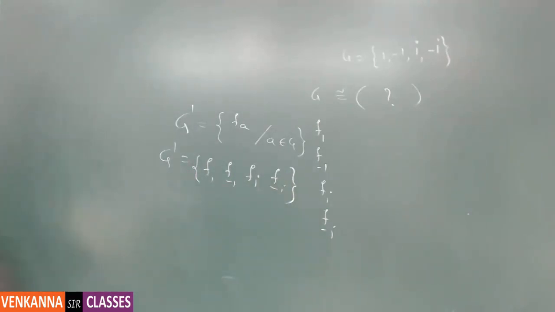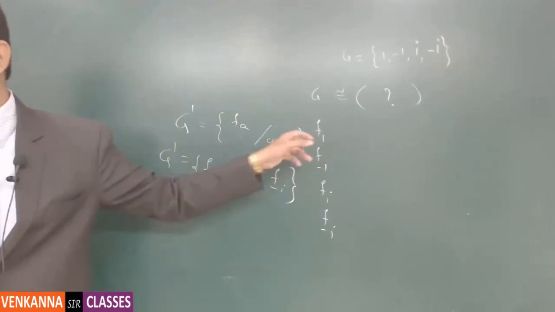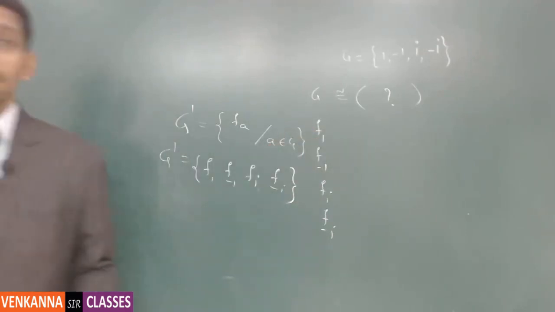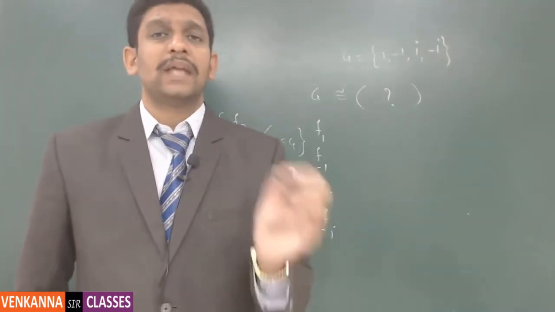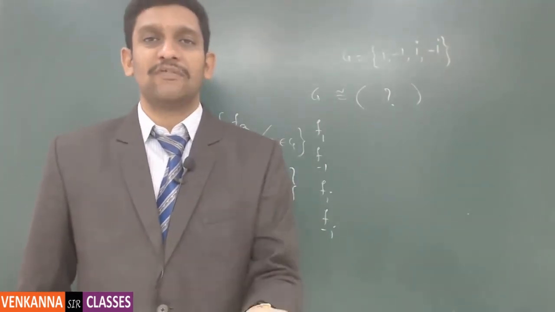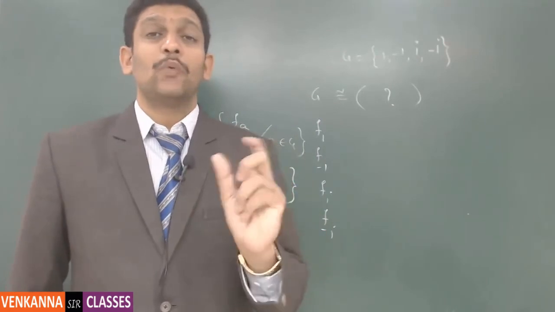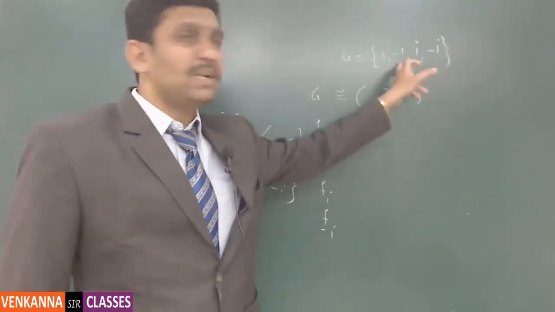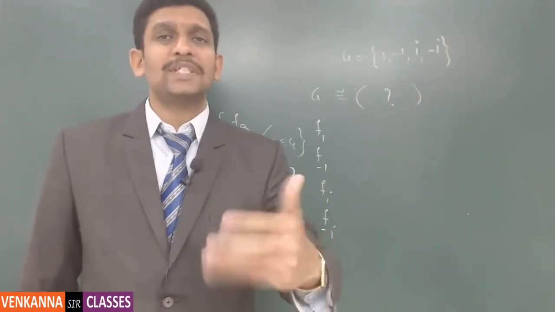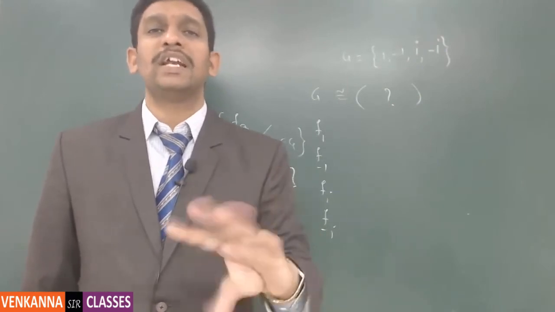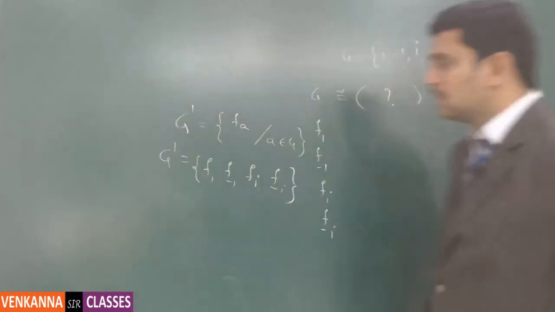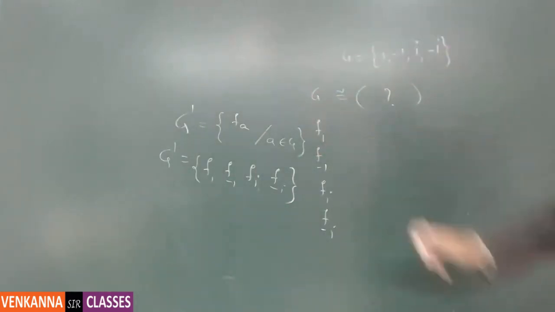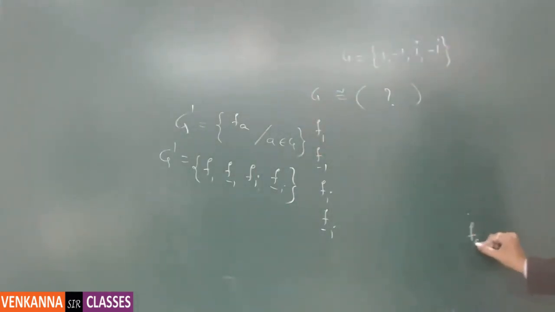Now the question is how to write the permutations here. Please understand, a permutation is nothing but a bijective function on the set itself. So you are pairing the elements of G to the elements of G only, not to a different set. If you observe how the permutation is defined in the theorem, Fa of x is equal to Ax.